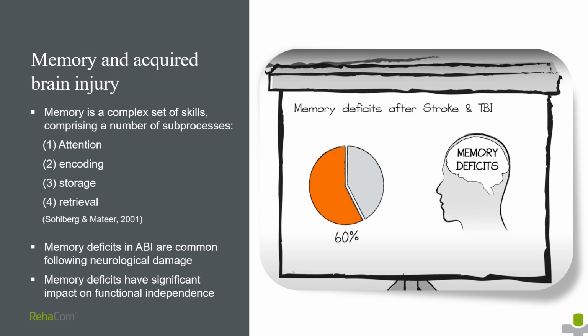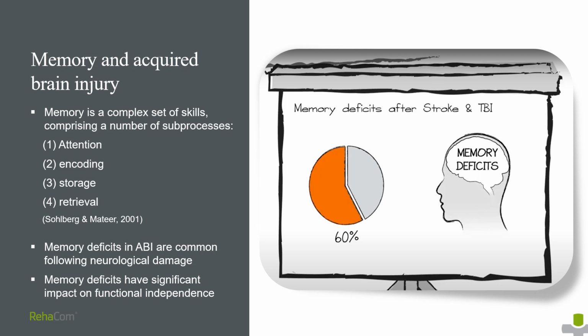Even after 1 year, 4 to 25% of TBI patients show some form of memory impairment. The prevalence of memory dysfunction post-stroke varies from 23 to 60% in the first 3 months, which declines 1 year post-stroke to a percentage between 11 and 31%.